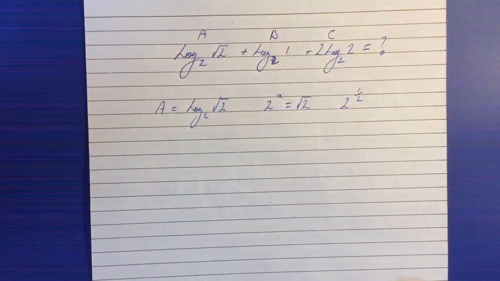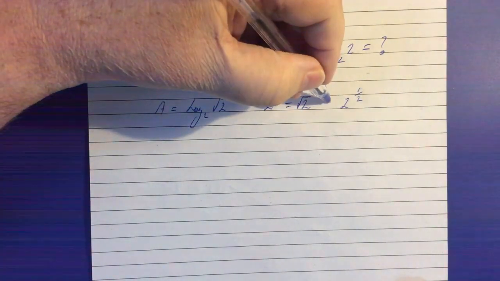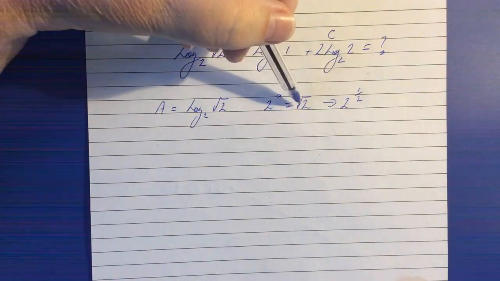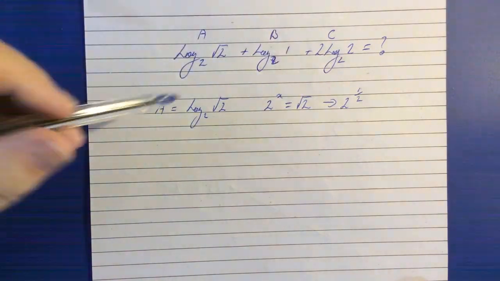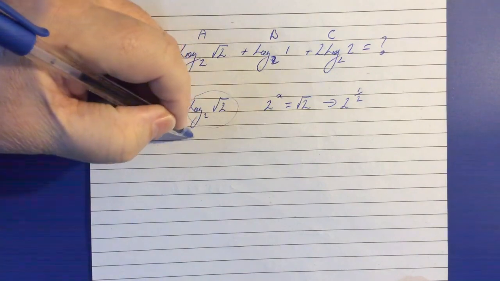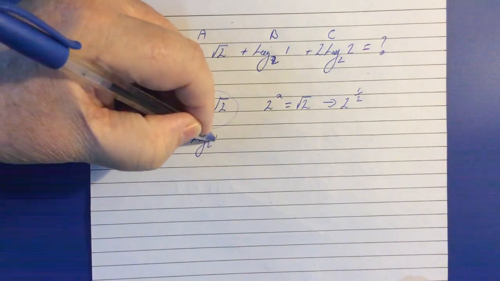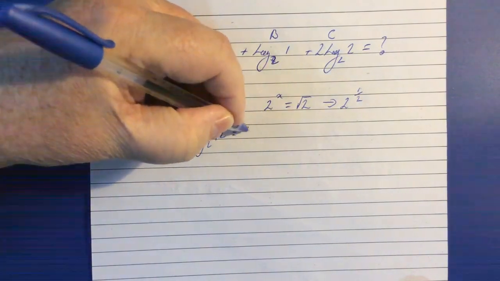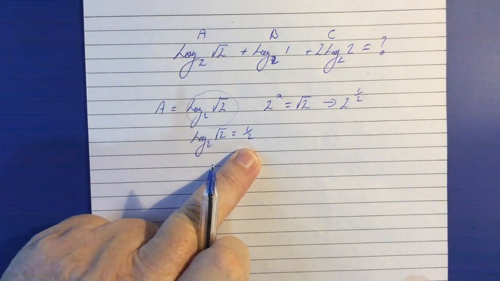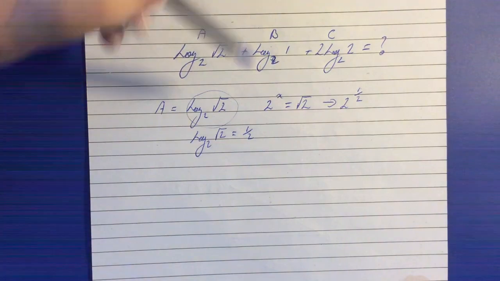It is 2 to the power of a half. 2 to the power of a half is the square root of 2. So what does this equal? Well, log base 2 of root 2 equals 1/2. That's our value. So that's A sorted out.